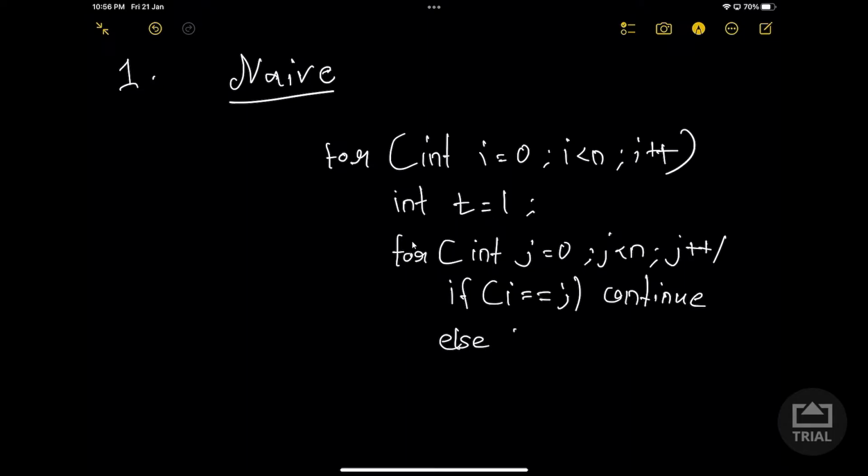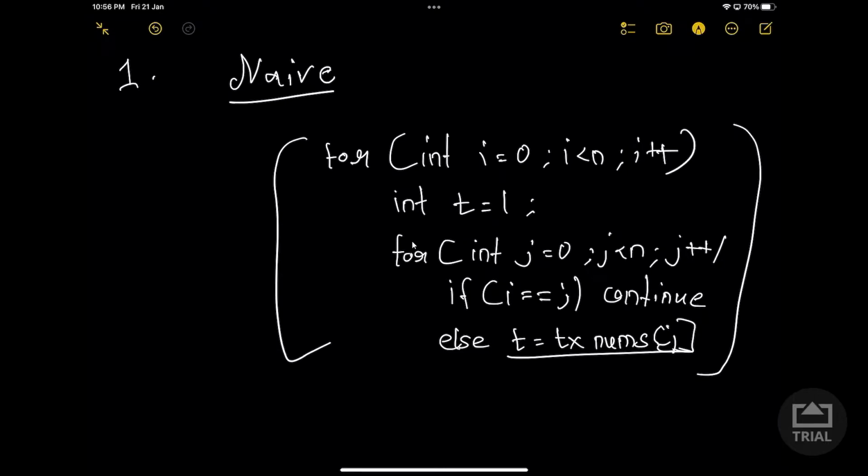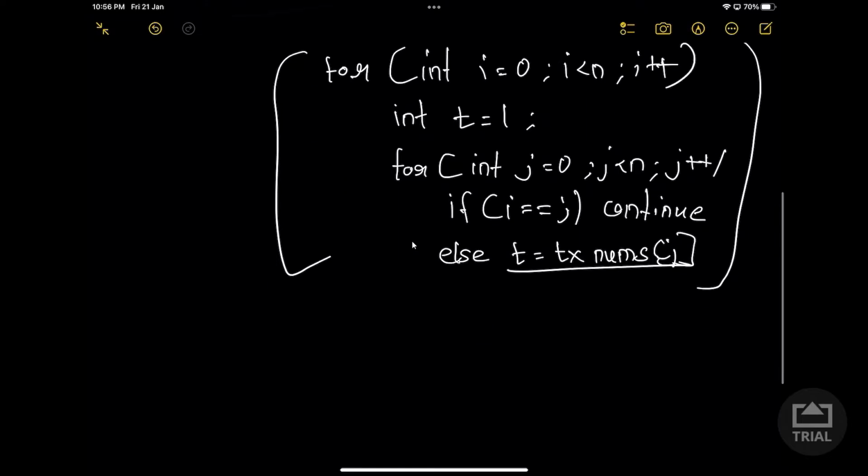If i equals j, then we will continue, else t equals t into nums of j, which is our array nums of j, and after this loop we will put this value t into our answer. So this is a very naive approach, which is a brute force, and its time complexity will be O of n square.